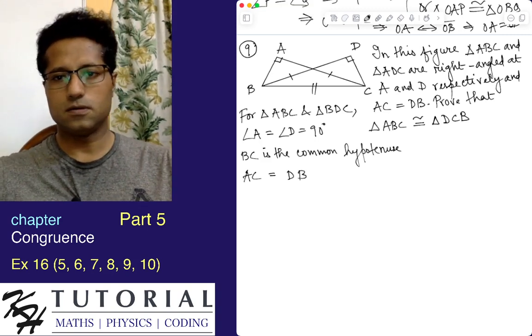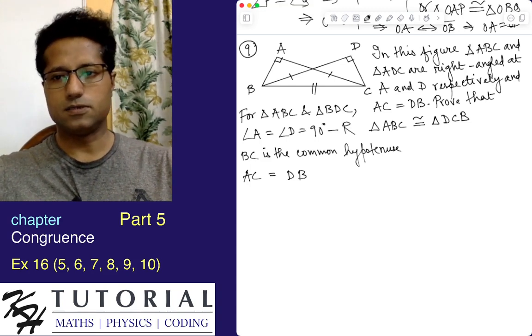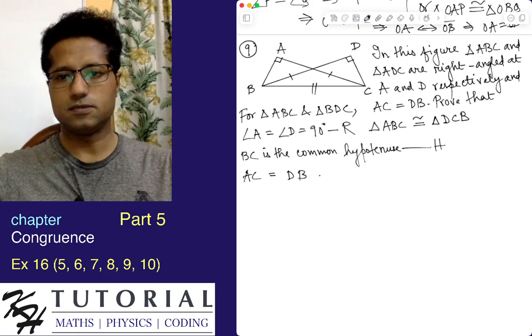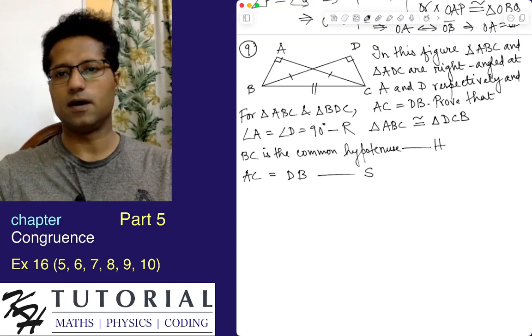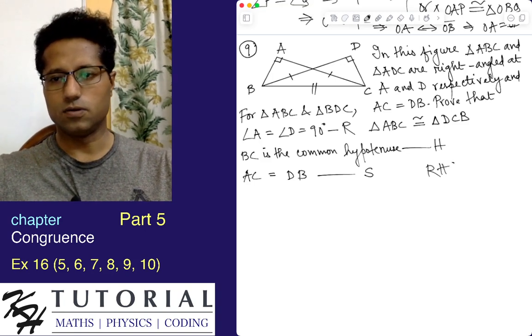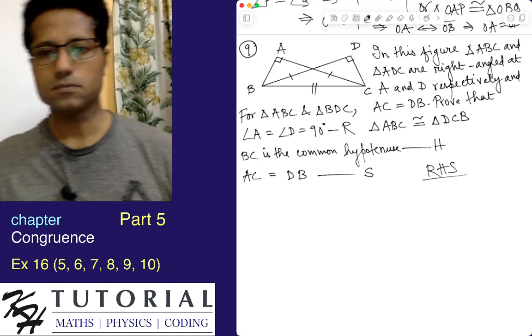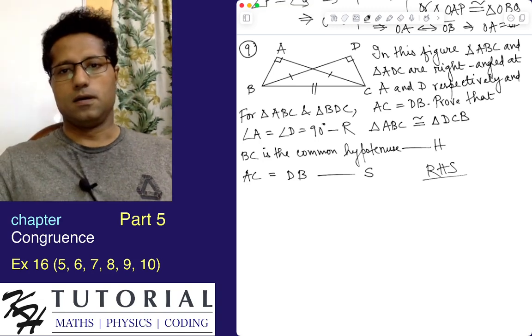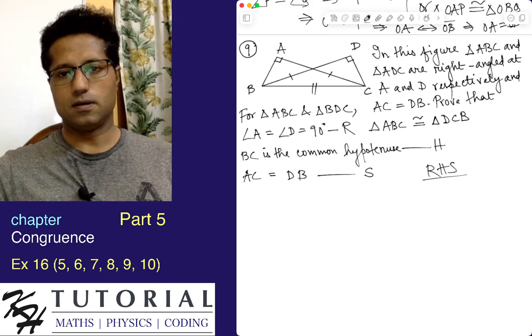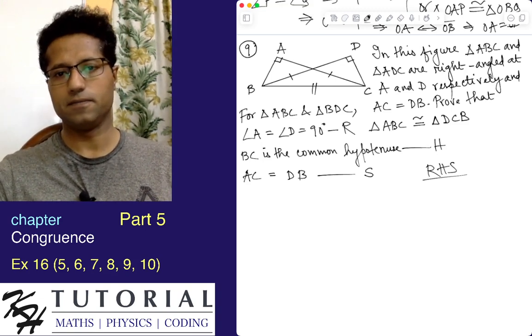Now this is right angled, this is the hypotenuse, and this is an arm. So clearly we can see the RHS congruence property can be applied, because we have three pairs of matching parts.